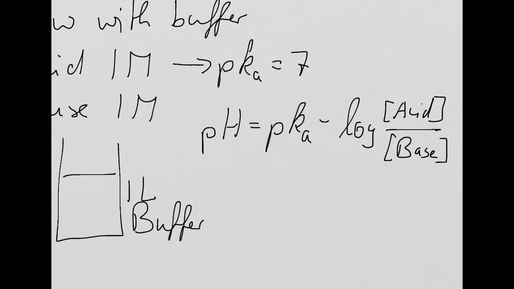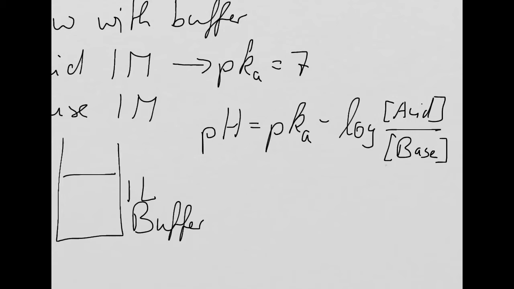Log 1 is 0. So, absolutely. So the pH is 7. When you said that pH is 7, do they just mean the pKa is 7, the pH is 7? In this case, yeah.